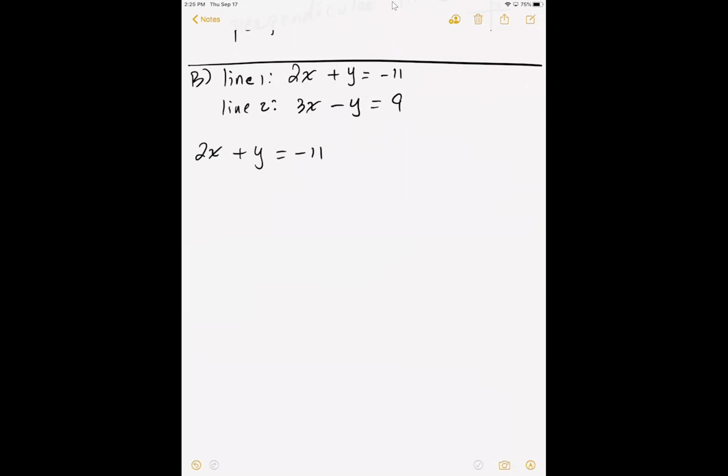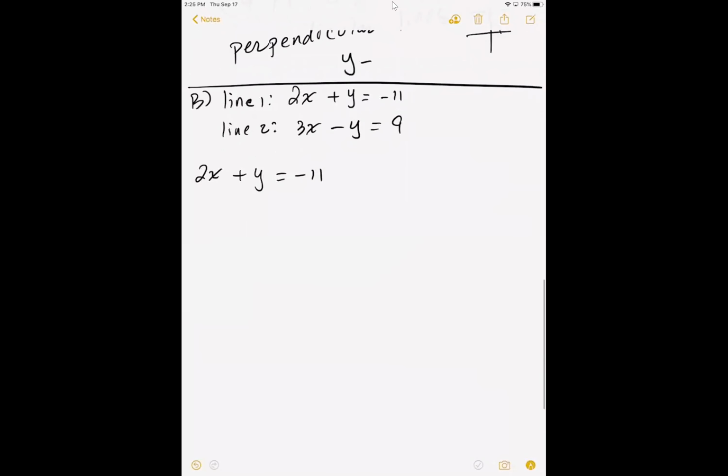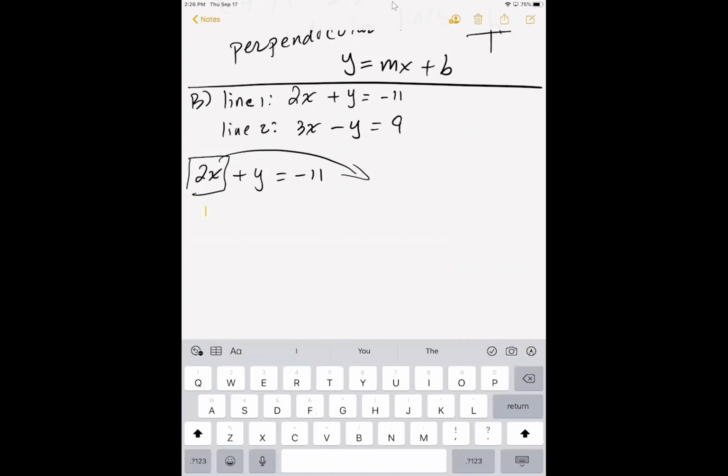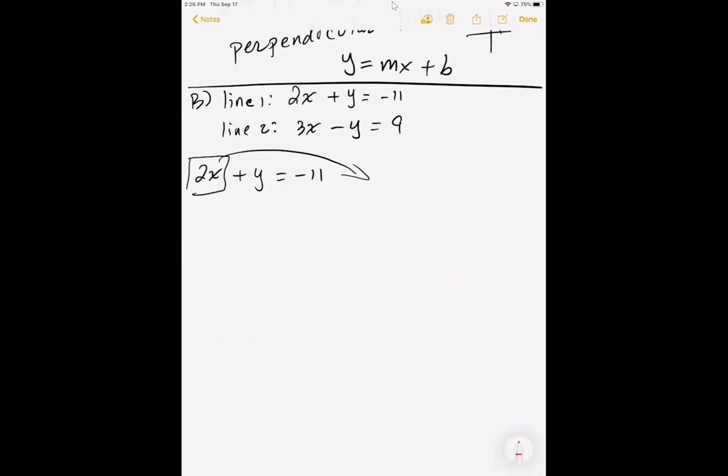Because if we get y by itself, we have y equals mx plus b, and the m is the slope, the b is the intercept. Looking at this, how can I get this 2x to the other side? Do you agree that I need to subtract 2x?